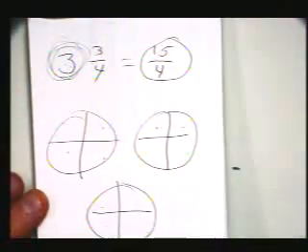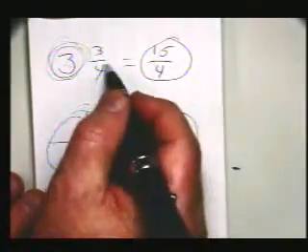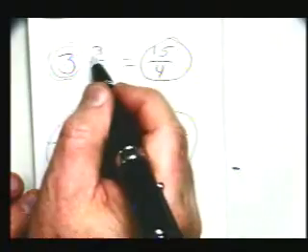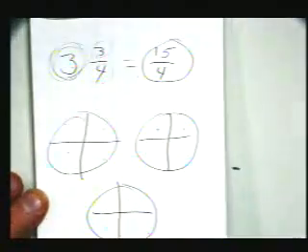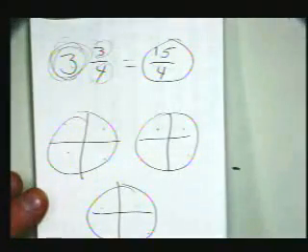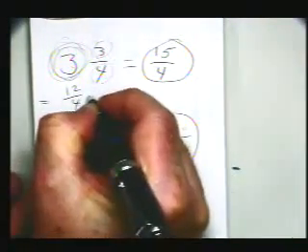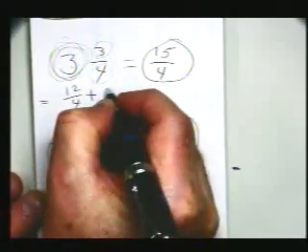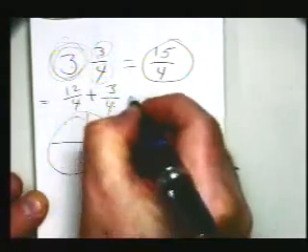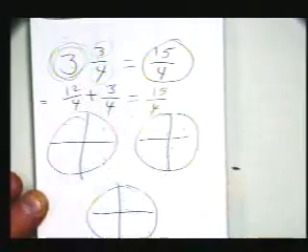So now we have 12 pieces of pizza that are all the same size, quarters, and then we add 3 more to that, so we get 15. So we change this into 12 quarters plus 3 quarters, and that's how we got 15 quarters.